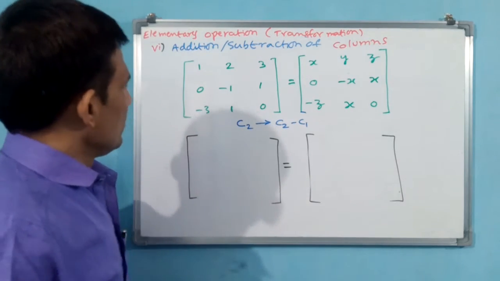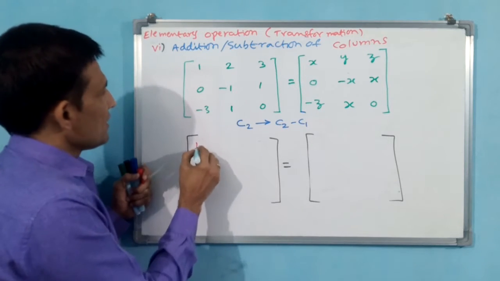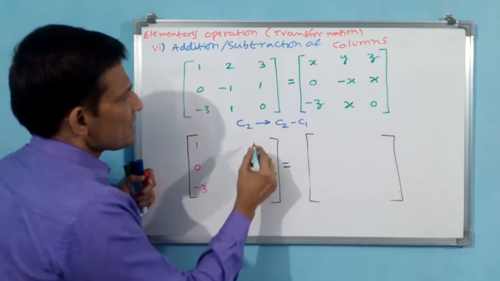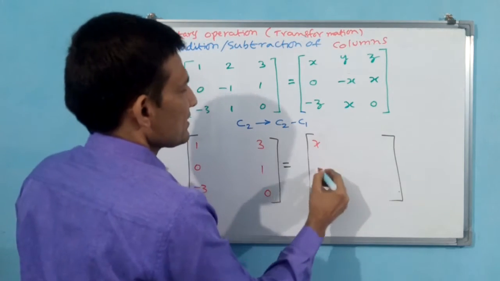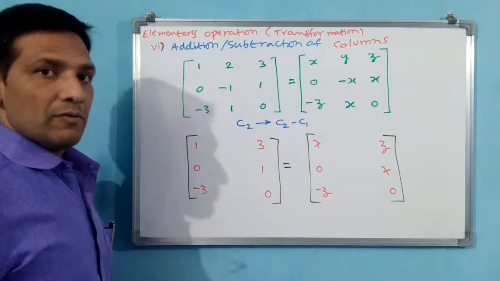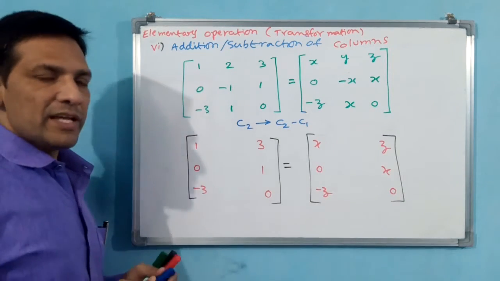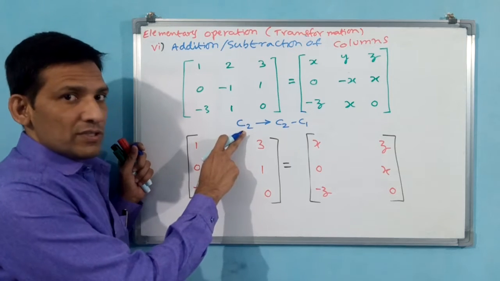Let me do it. You see here. C1, shall we write the same? Same you have to write: 1, 0, minus 3. Okay. C3, shall we write the same? Same we have to write: 3, 1, 0. Here also x, 0, minus z. Here also z. Okay. See, C1 and C3 are going to come the same. There is no change in C1 and C3. The change is only in C2.